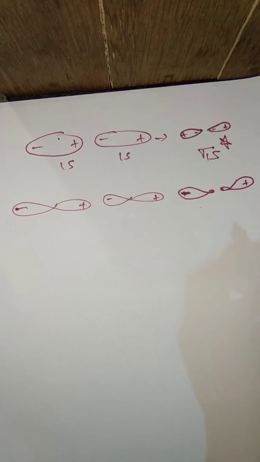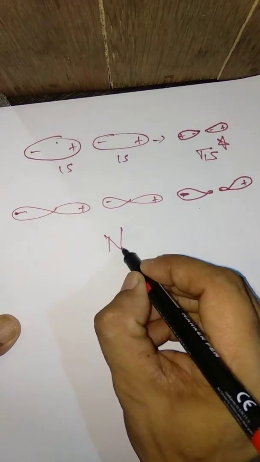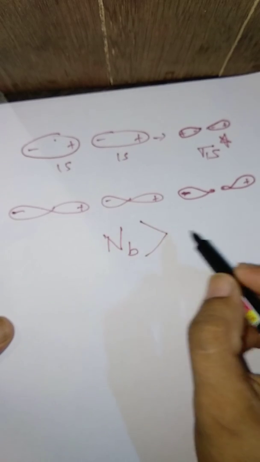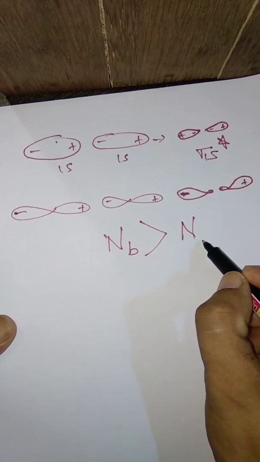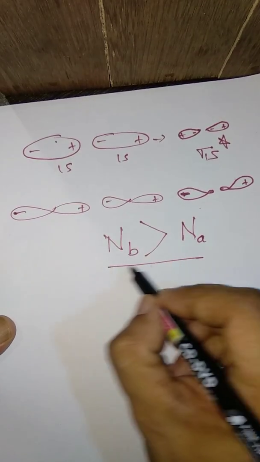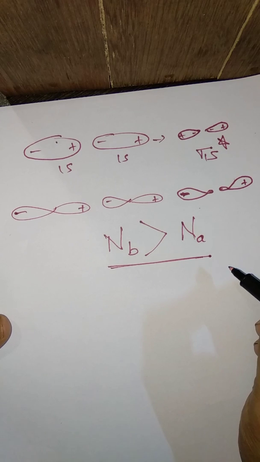So what is favorable is that the number of bonding orbitals must be greater than the number of anti-bonding orbitals, and that will favor the stability.